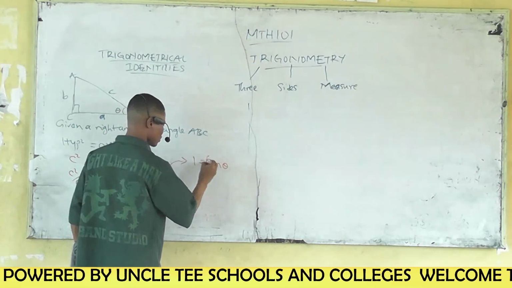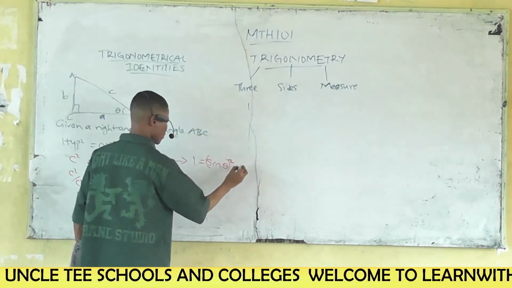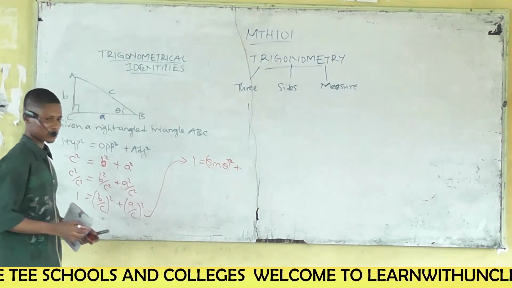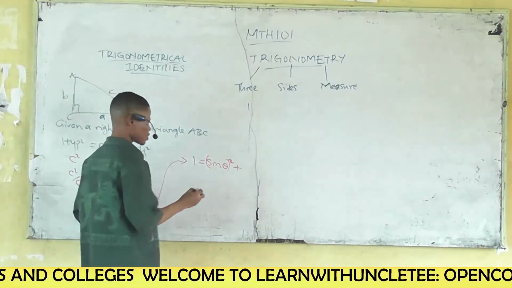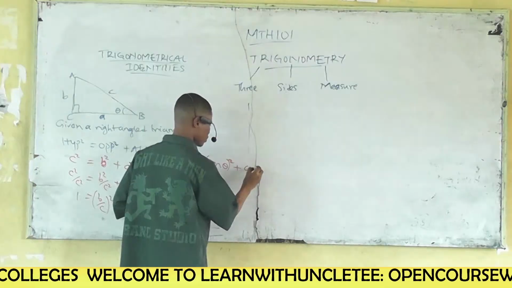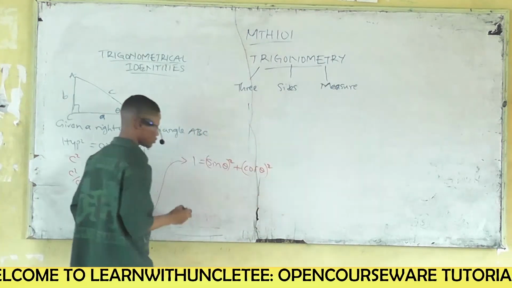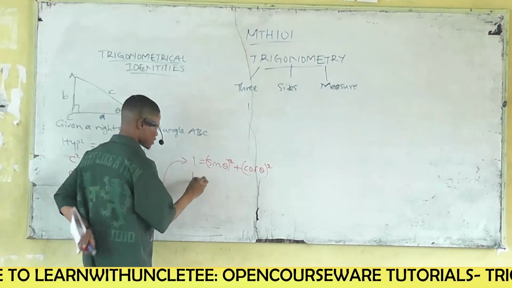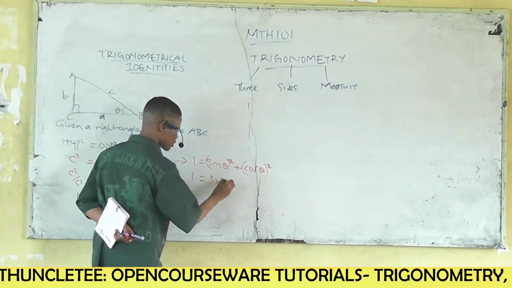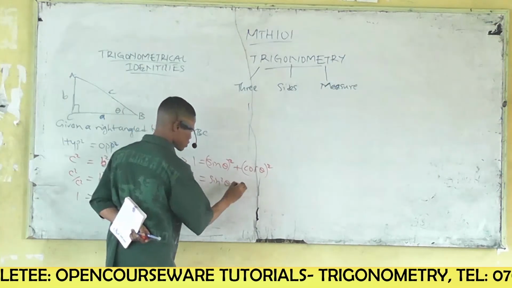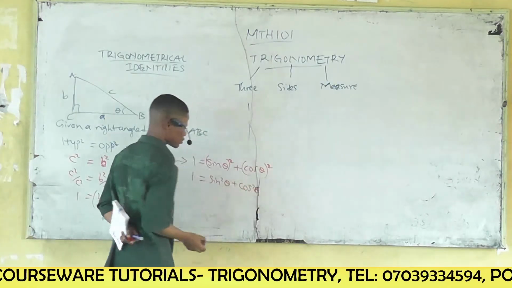Sine theta all square plus, what about this one? A over C. That's adjacent over hypotenuse. That's cos theta all square. Now you can write this as 1 equals sine square theta plus cos square theta.